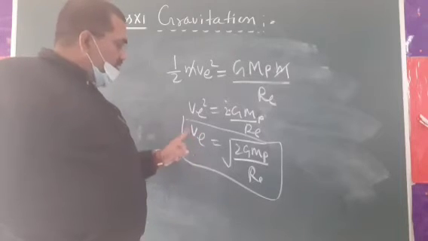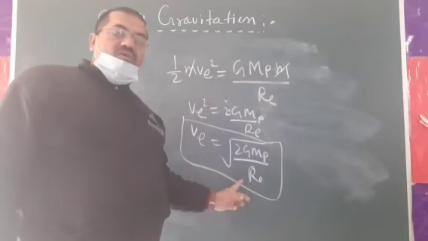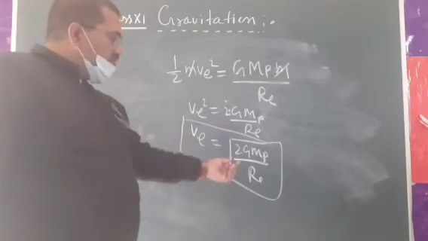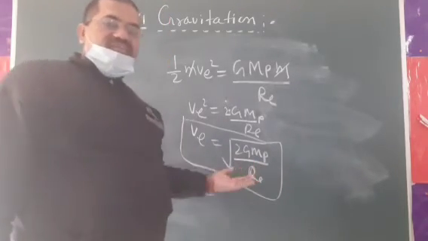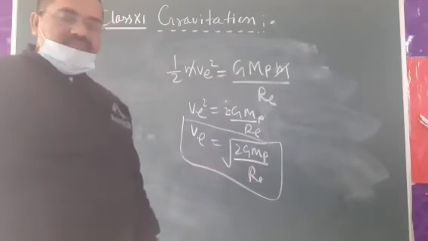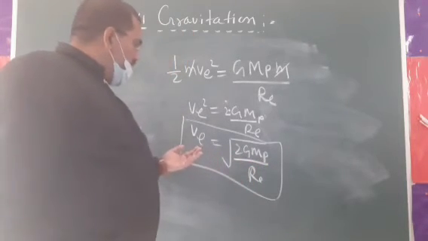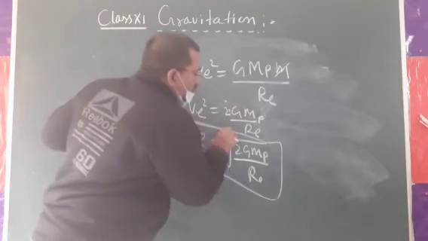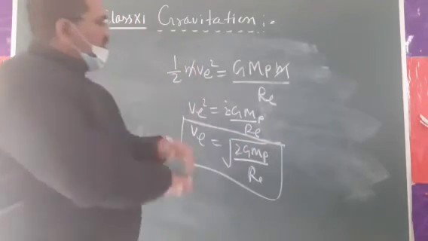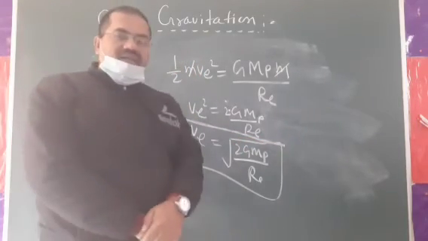You are seeing that v_e does not depend on the mass of the body. It depends on the mass of the planet from which the body is thrown. It means you can find out escape velocity for different planets.